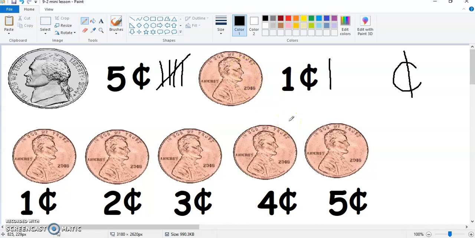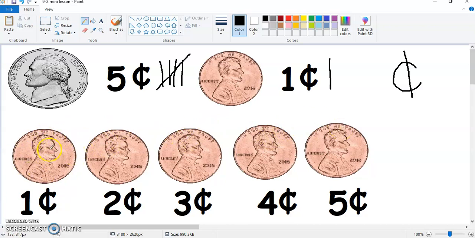So we can count to find out the total amount of the nickel and the penny. To find out the total amount of the nickel, we would count how many pennies are in a nickel.